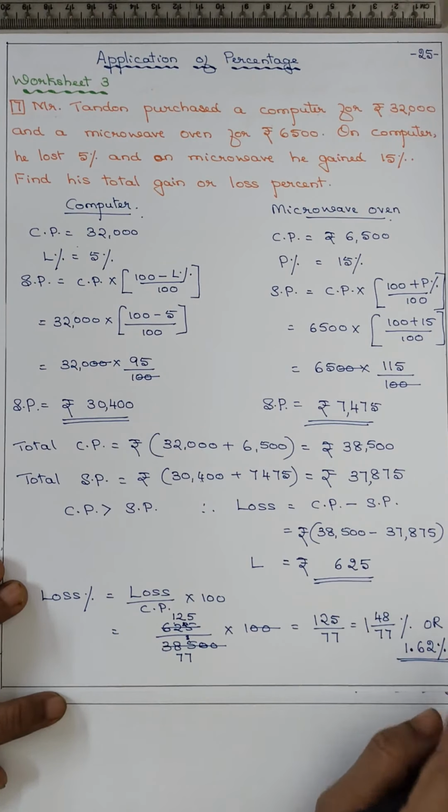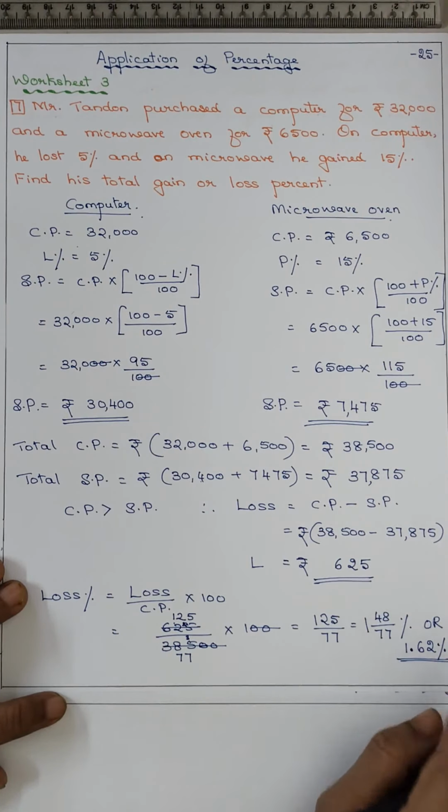So answer, Mr. Tandon's loss percent is 1 and 48 upon 77%, or 1.62%.